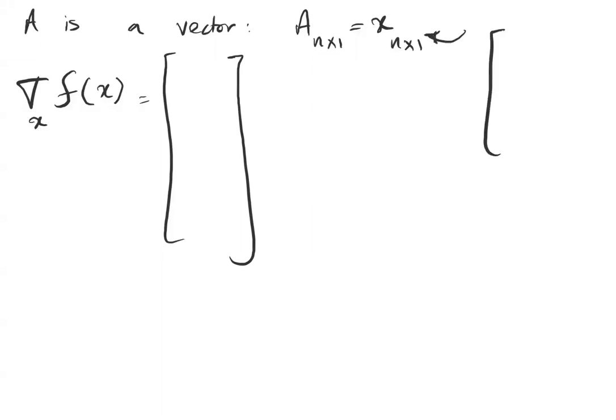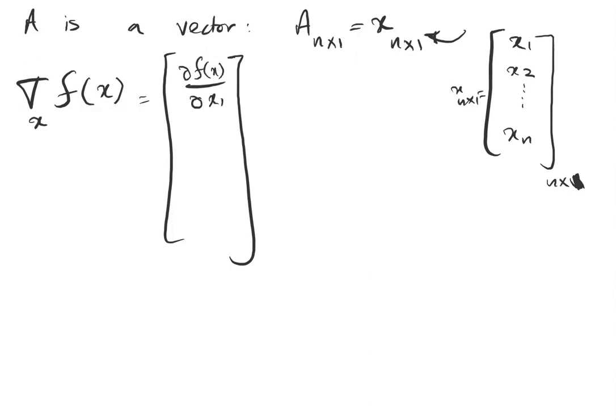The variable x is x1, x2, up to xn, which is n by 1. So the gradient has partial derivative of f of x with respect to x1, with respect to x2, and with respect to xn. This is the case that we usually see in the optimization problems that we deal with in this course. So we have a vector as our variable.